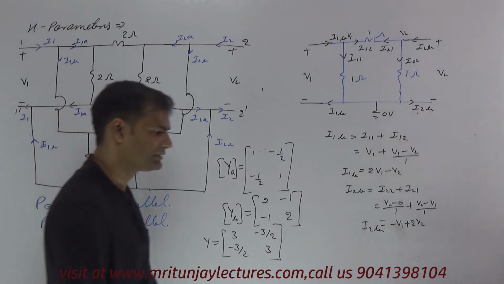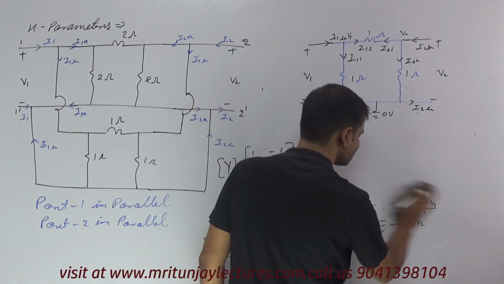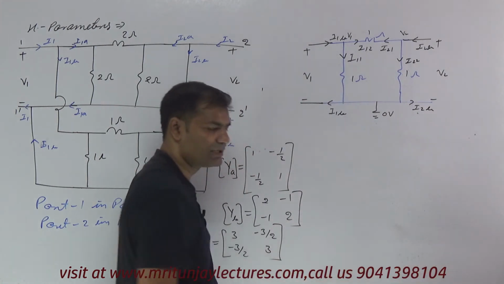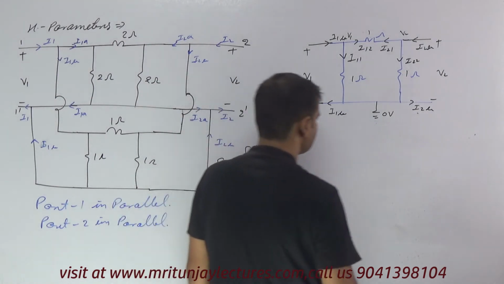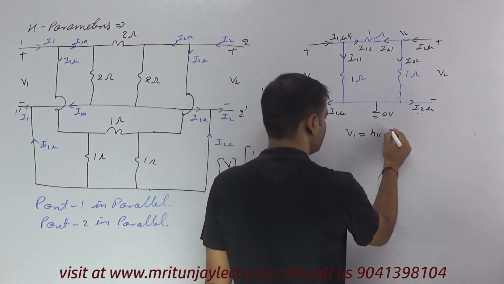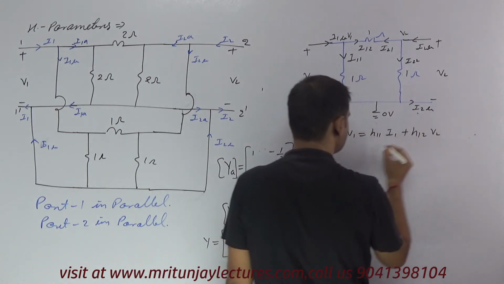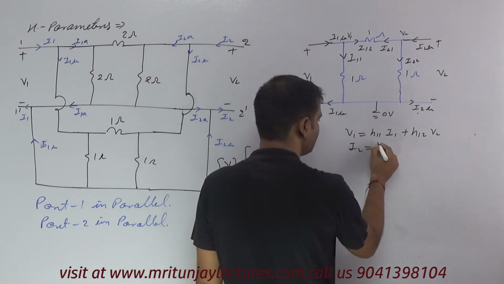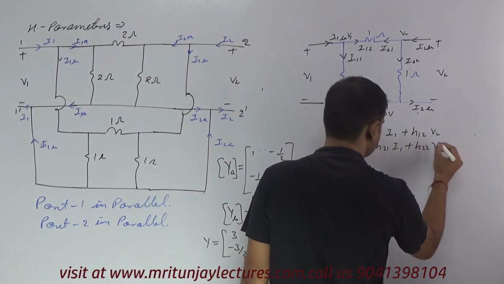Now the next target is to determine the H parameter. How can we determine the H parameter? I know that V1 is equal to H11 into I1 plus H12 into V2, and I2 is equal to H21 into I1 plus H22 into V2.